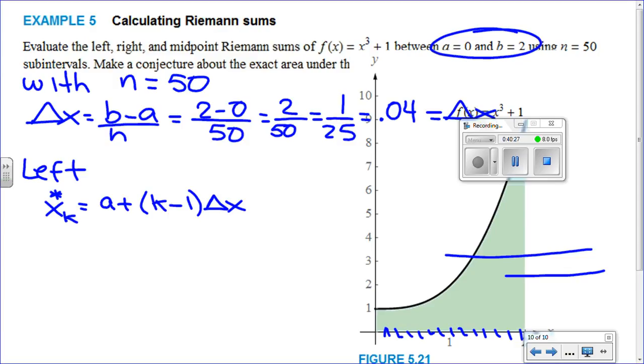So we know a. What is a? 0. It's just 0, right? And then plus. Okay, so we're going to find a simplified version. Let's distribute the delta x.